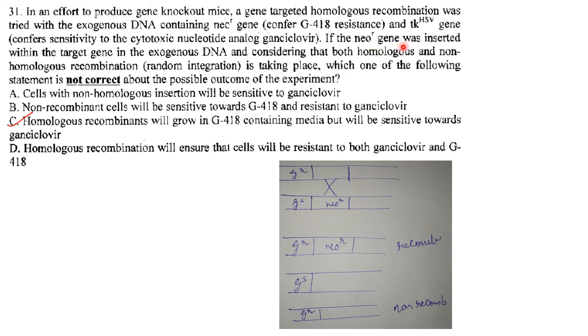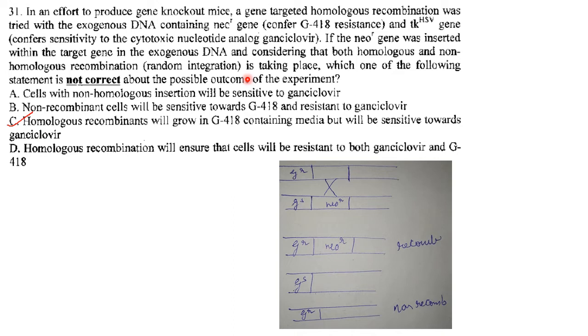If the neomycin resistance gene was inserted within the target gene in the exogenous DNA, and considering that both homologous and non-homologous recombination, that is random integration, is taking place, which one of the following statements is not correct about the possible outcome of the experiment?